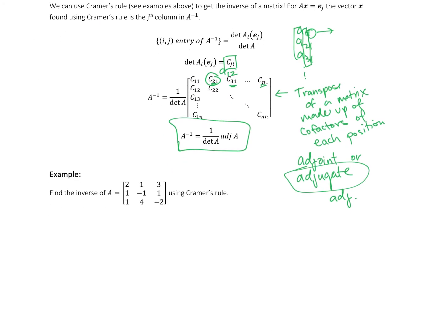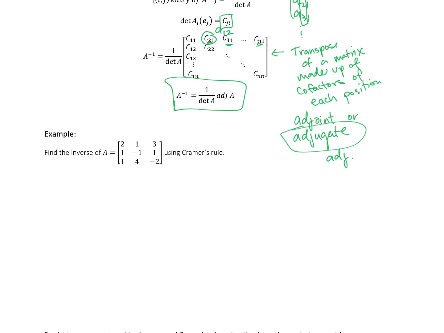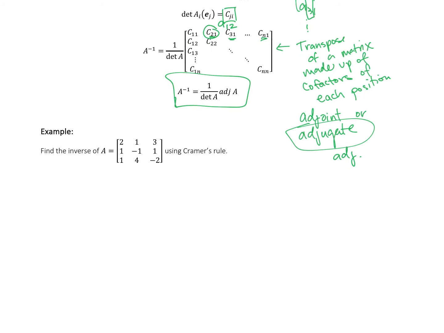The first thing I'm going to do is organize my information here. I know that I need to find the cofactor of the 1,1 position, the cofactor of the 1,2 position, the 1,3 position. I'm organizing this right now, at least to help myself out, in terms of their positions in the matrix as they stand right now.